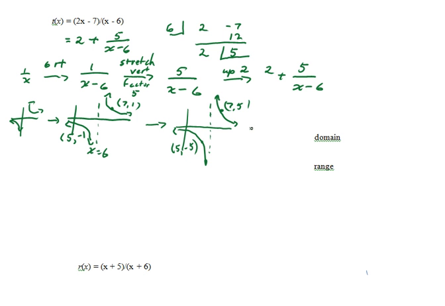And then when we move up 2, we'll be moving up to the point 7, 7, and the point 5, -3.